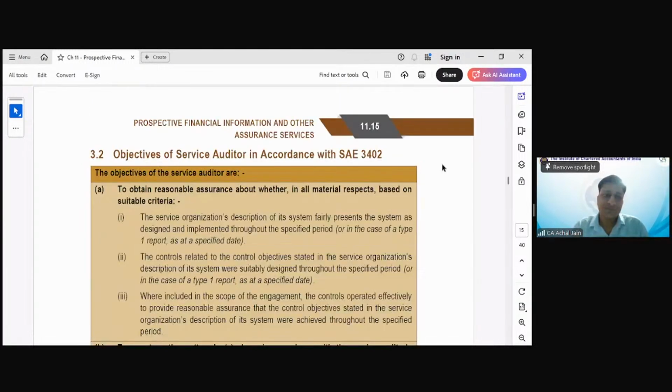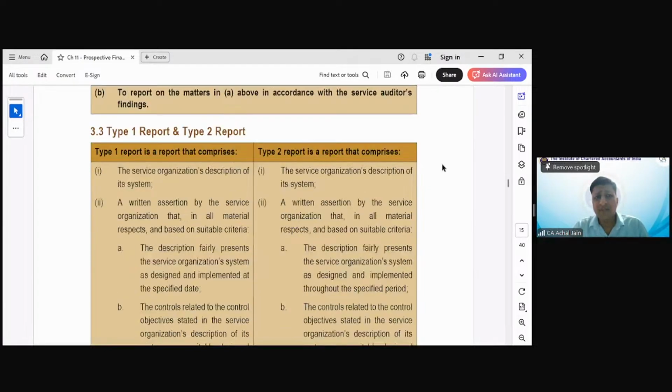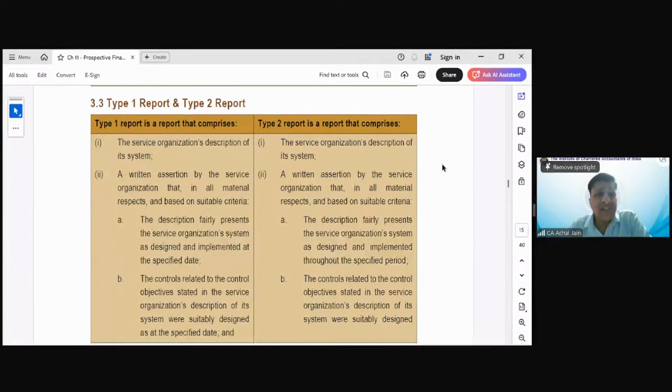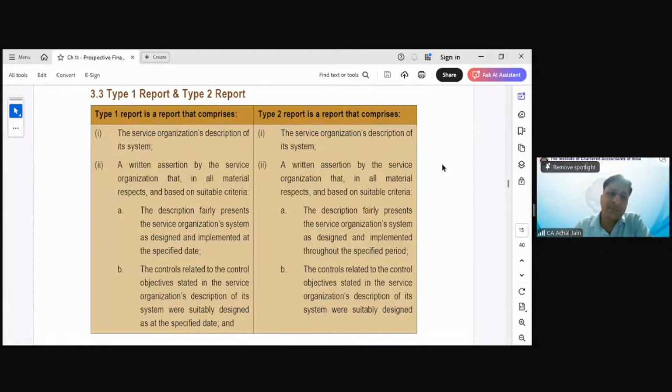Okay. Now, because it's about the procedure, some sort of reasonable assurance will have to be provided, and type 1, type 2 reports will have to be looked at. So a good part will be to discuss the difference between type 1 and type 2.